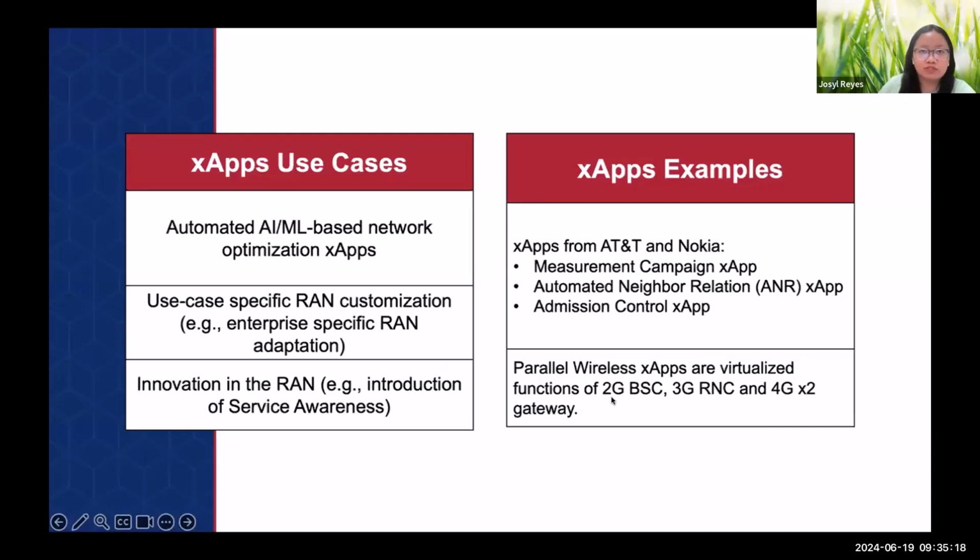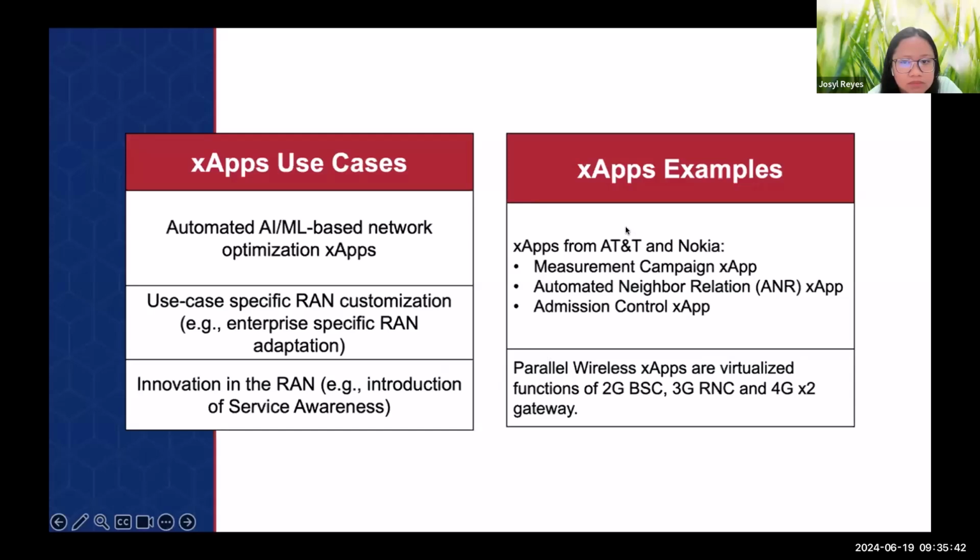So, hindi lang pala for 5G, but pwede rin for older generations like 2G, 3G. Ito 2G base station controller, 3G radio network controller, and 4G X2 gateway. X2 is yung interconnection between the 4G nodes, para makapag-usap sila.